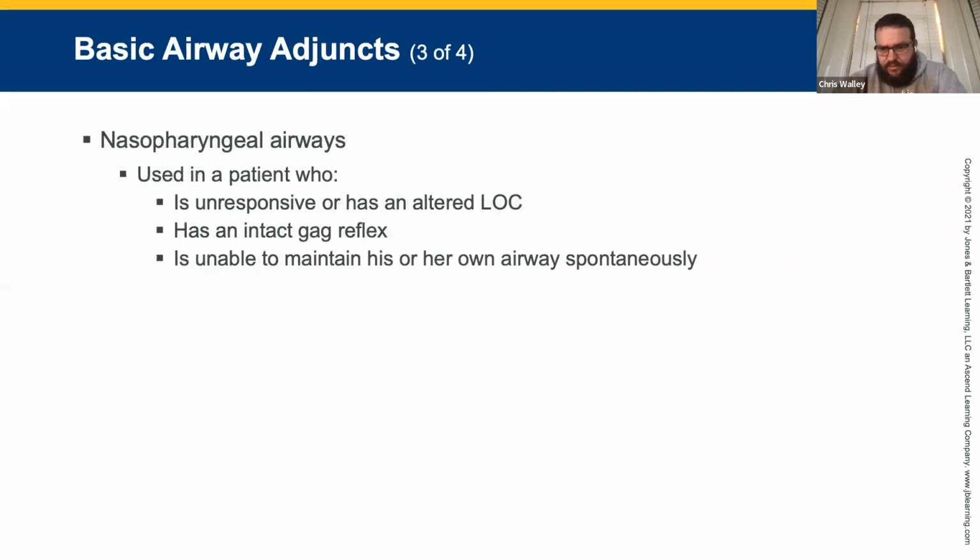Let me scroll through and see. On 11.4, it shows step 1, step 2, opening the patient's mouth with the cross finger technique, holding the airway upside down with your other hand. Step 3, rotate the airway 180 degrees, insert the airway until the flange rests on the patient's lips and teeth. In this position, the airway will hold the tongue forward.